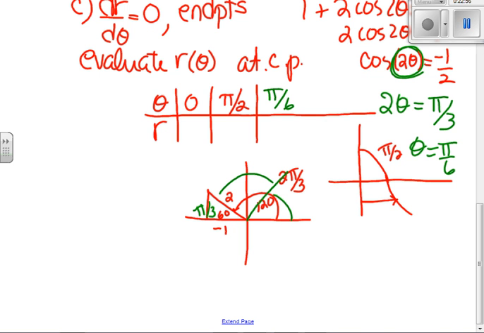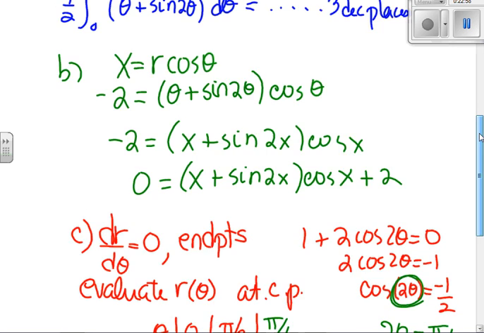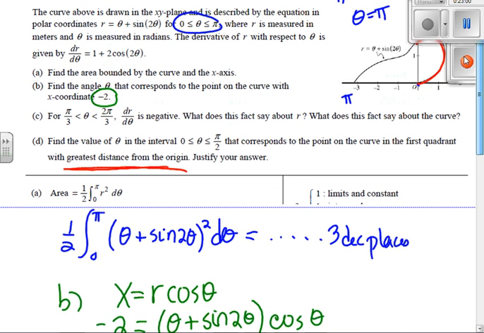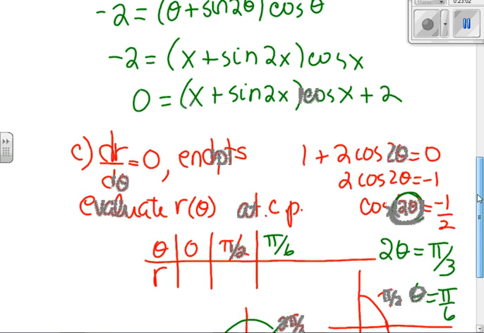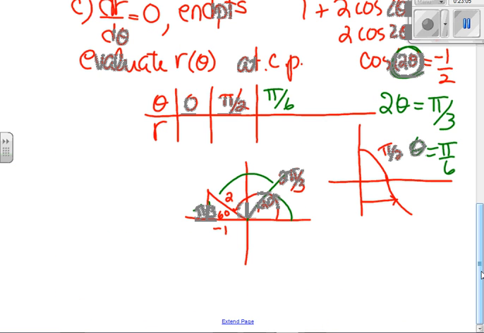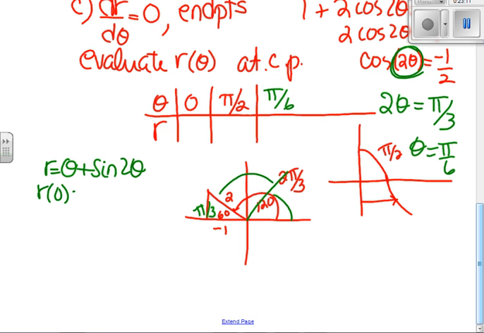And then you would evaluate r. And what was r? I forgot. Theta plus the sine of 2 theta. And so r of 0 is equal to 0 plus the sine of 0. This guarantees both a max and min.